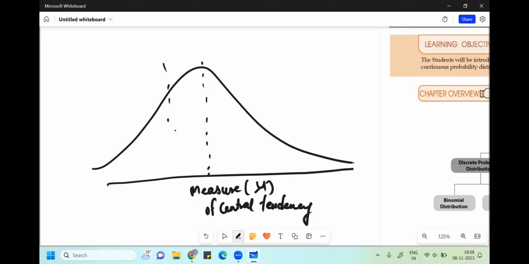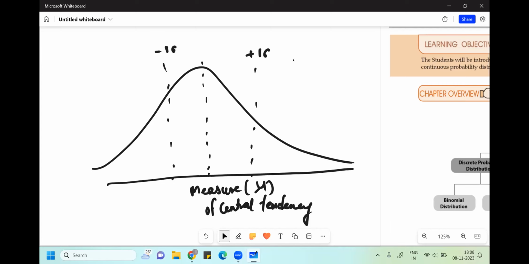Going further, when we study normal distribution, we will talk about how your data are segregated, like plus minus one standard deviation, then two standard deviations, three standard deviations, how your data gets segregated. You can remember this curve.